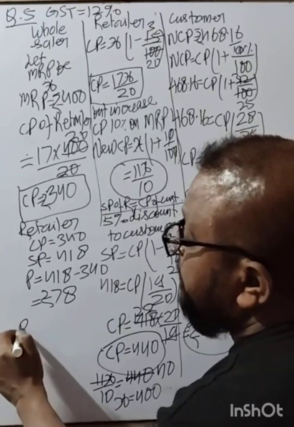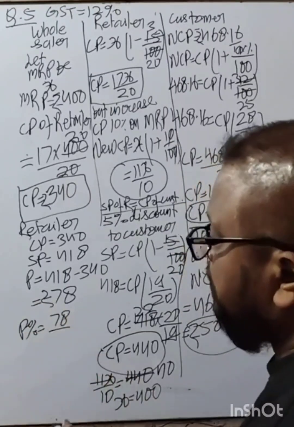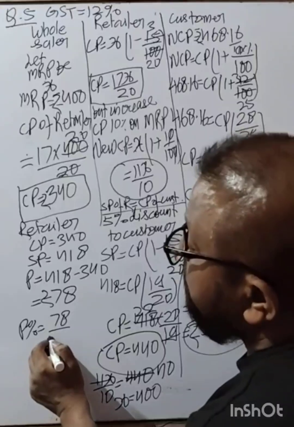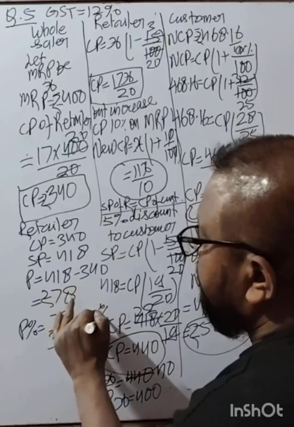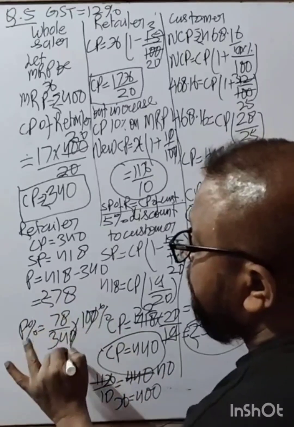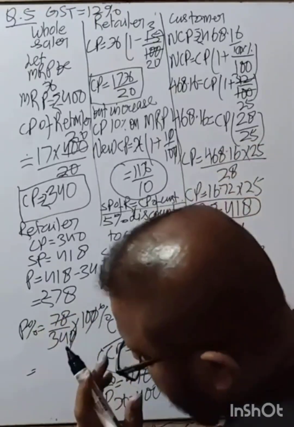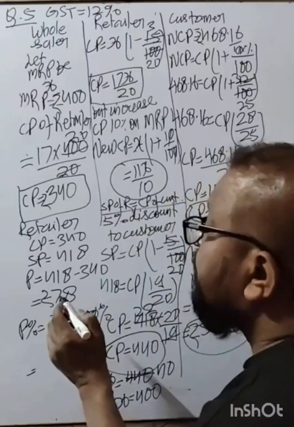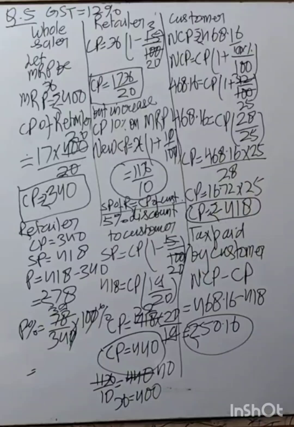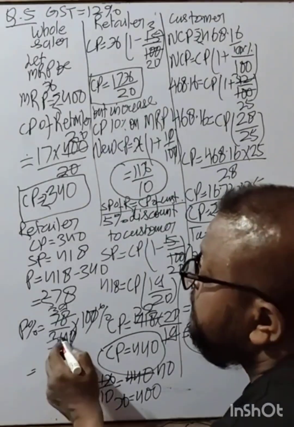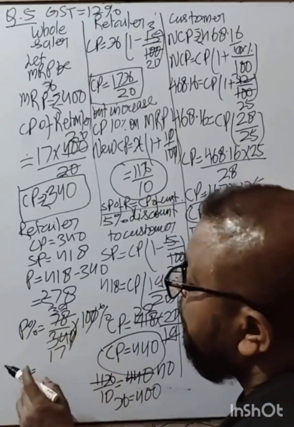So profit percent is equal to 78 upon the cost price 340 into 100%. So the 100 and 100 are gone. When you solve this, 3 times 2 becomes 6 and 9 times 2 becomes 18, and when you multiply all this, you will get 390 upon 17%.